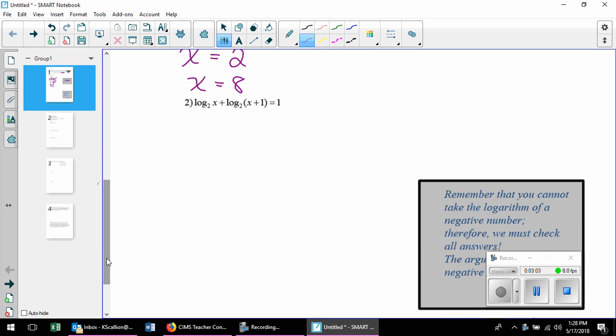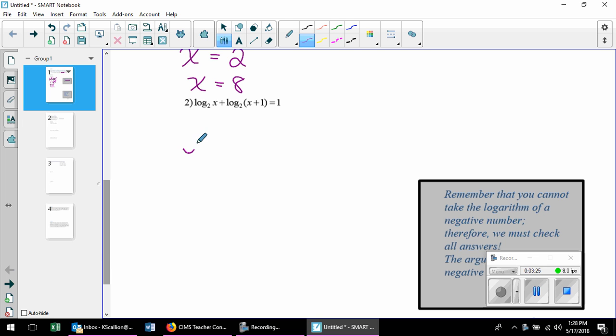All right, so what am I going to do here? I'm going to do a log law, right? This is from yesterday. This is a log law. They're added, so what am I doing to the arguments? Multiplying them.